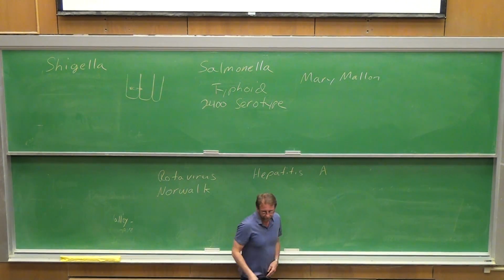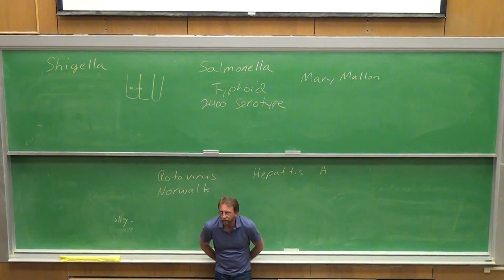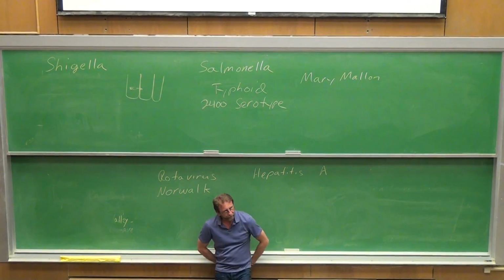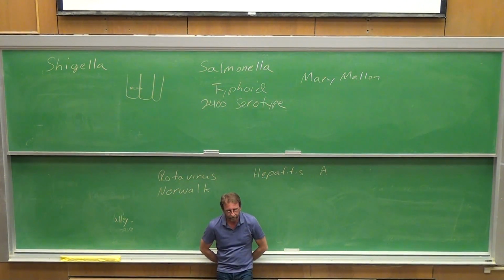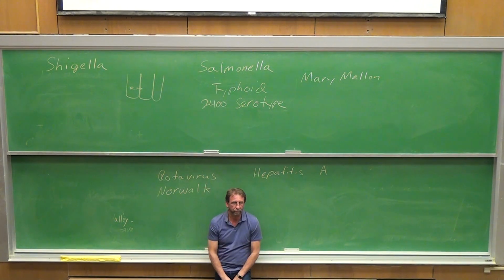First one is hepatitis A. Hepatitis A is an infectious hepatitis. It's endemic around the world, so all populations experience cases of hepatitis A. It could be a candidate for eradication because it's restricted to the human population.